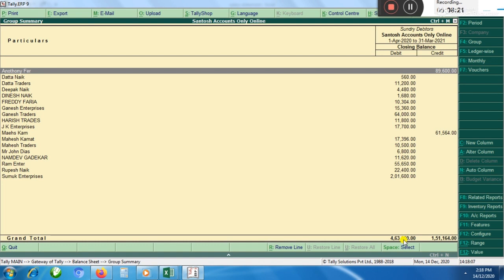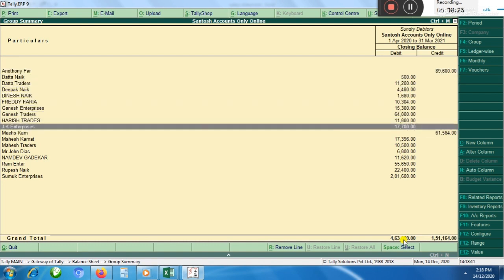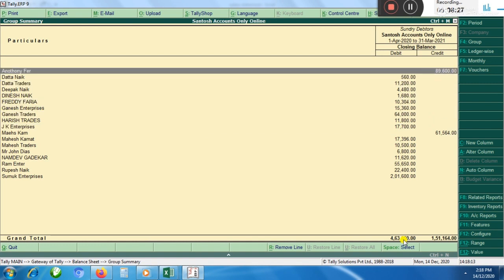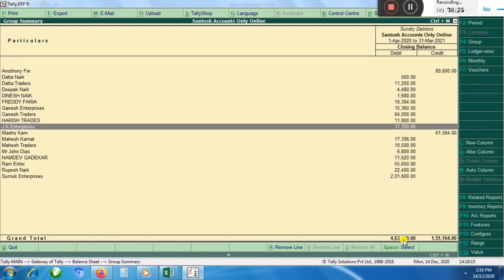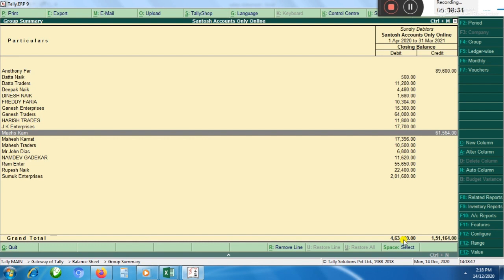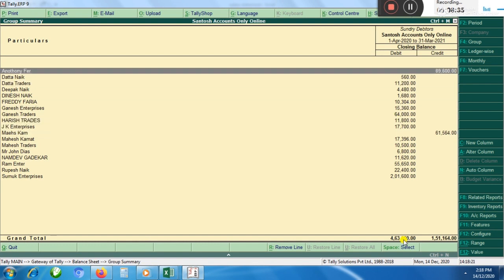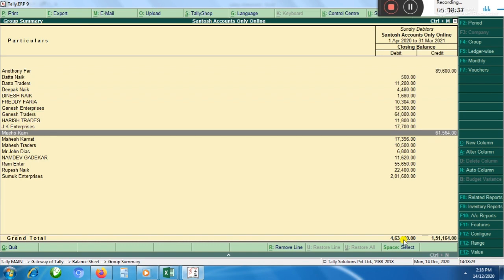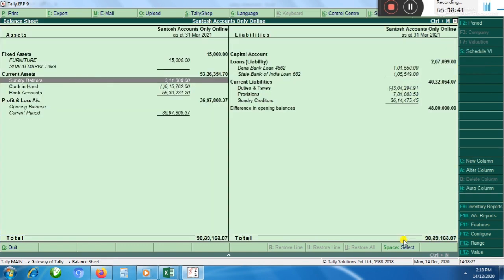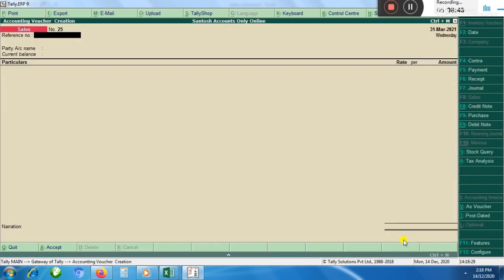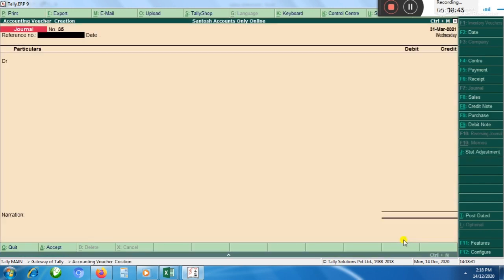Now at the end of the financial year, suppose I have received some advance from the parties. All these are advances, say 80,000. Anthony Fernandez 89,600, Mahesh Kamath 61,564. So at the end of the financial year, I'll pass the entry. Journal entry, say 31st of March.